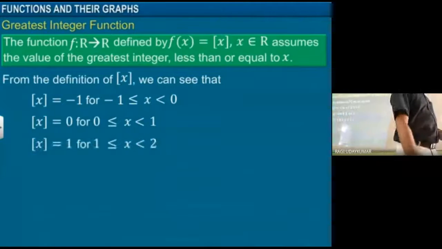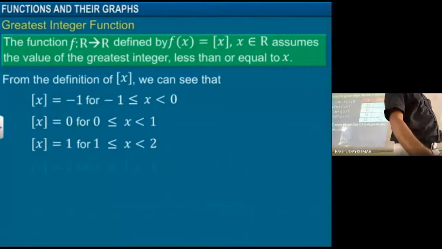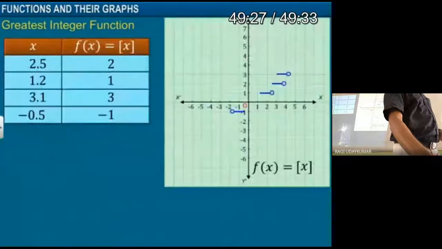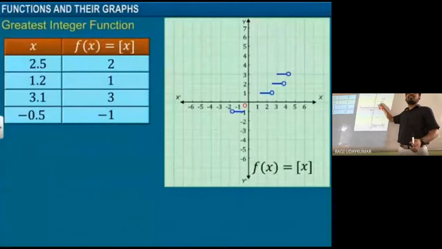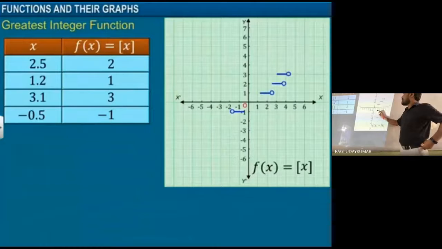Take numbers between 1 to 2, it will be 1. Take numbers between 2 to 3, it will be 2. What is the lesser value, the lesser integer that should be taken into consideration? The graph will be like this. See here, here it is in the graph. This is not filled up; see what it means.